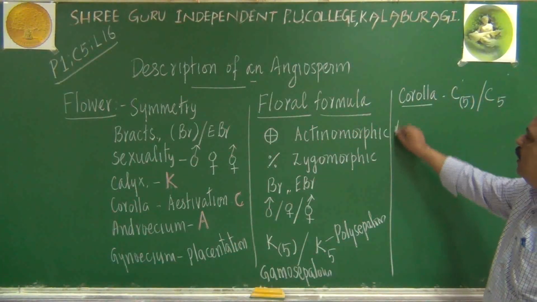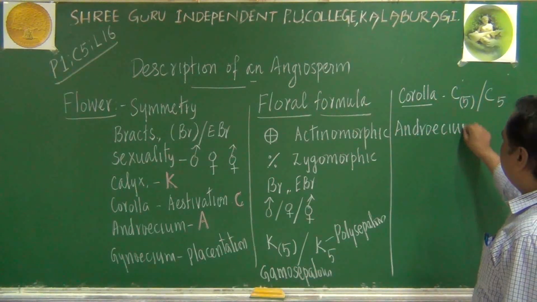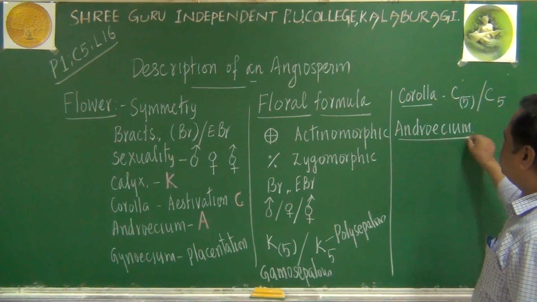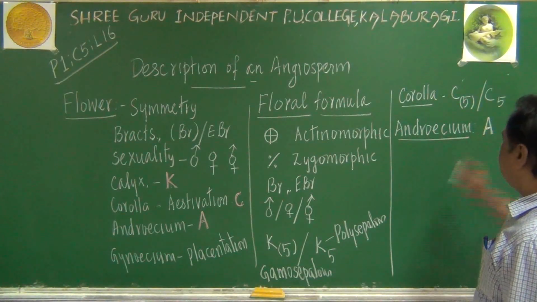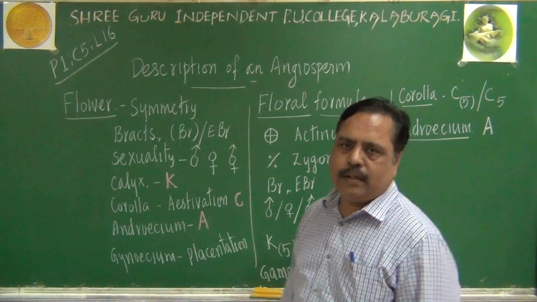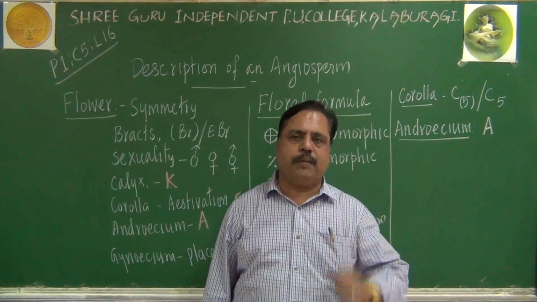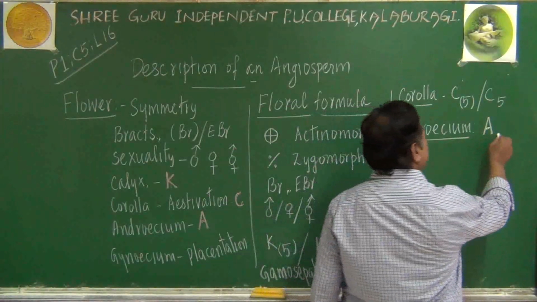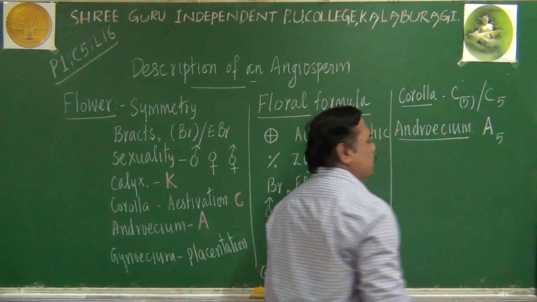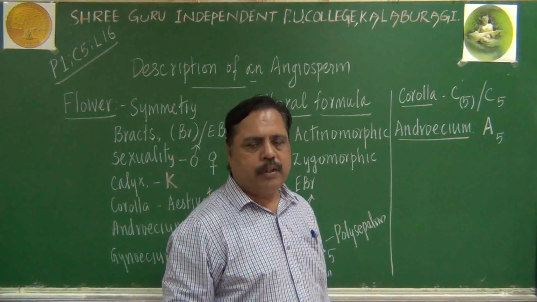For representing androecium, we are using the symbol A. Same point again. Whether it has got 5 stamens or 6 stamens, we are showing. If it has got 5 stamens, we will write 5 at the base of A. So that is indicating stamens.